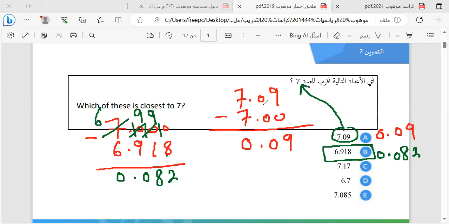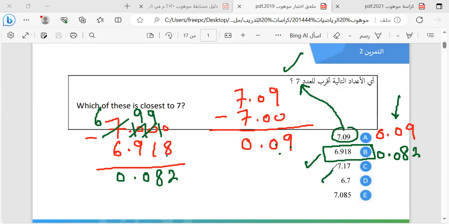Then we subtract, with the decimal 0, 0. 9 minus 0 is 9, 0 minus 0 is 0, 7 minus 7 is 0. So the difference between them is 0.09.